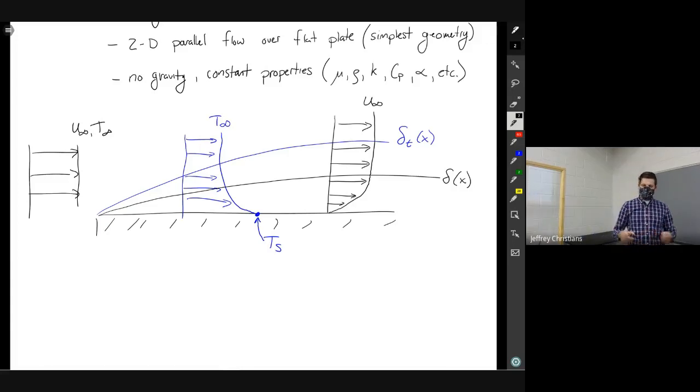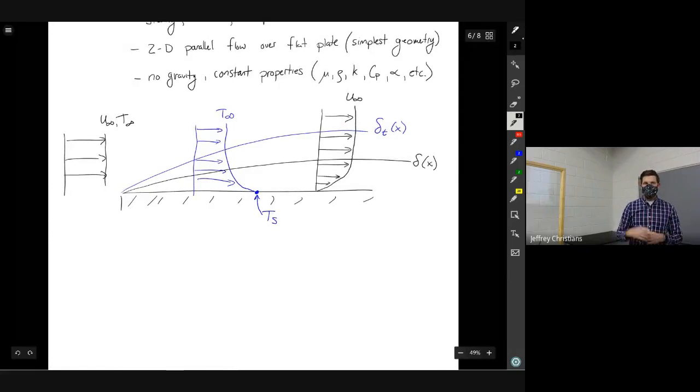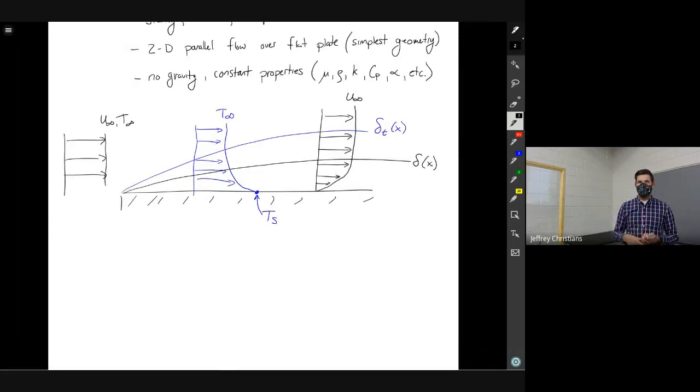So in general, we have these two boundary layers growing. They're in general not the same size. The velocity boundary layer can be thicker or thinner than the thermal boundary layer. We've already talked a little bit about this, but we can relate the thickness of these two by the Prandtl number. We did some of the math of this in that in-class exercise after we watched the video.